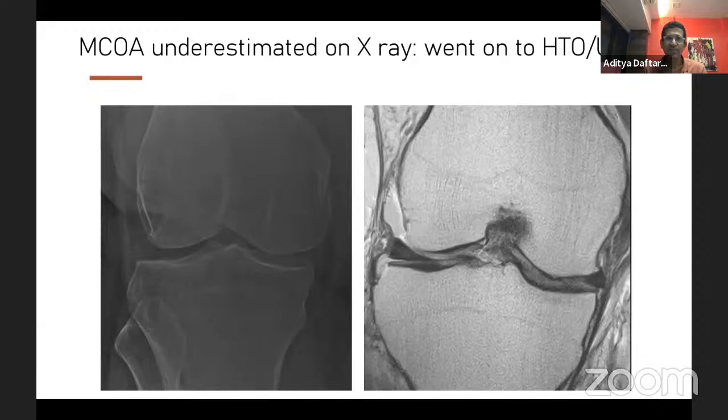We have plenty of cases where medial compartment osteoarthritis is underestimated on X-ray. For example, here you may not see a lot of compartment narrowing because this is ovoid with slight obliquity.